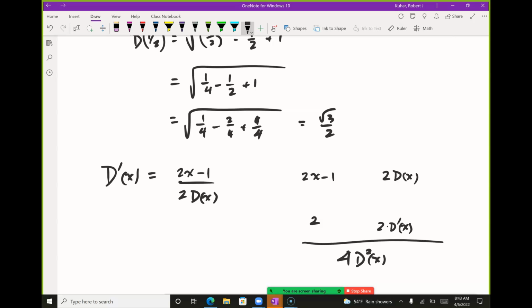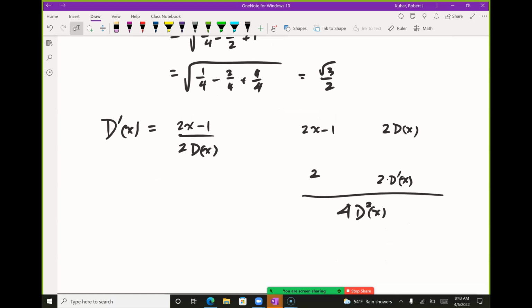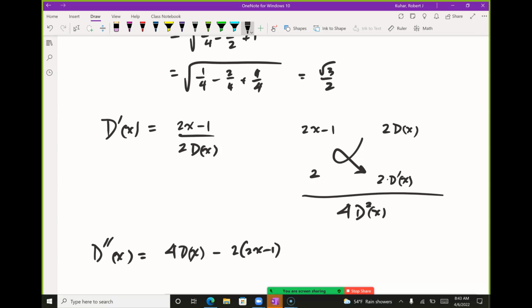So the quotient rule is going to give us our second derivative here. I get 4 times d of x minus 2 times 2x minus 1 times d prime of x, all over 4d squared of x.